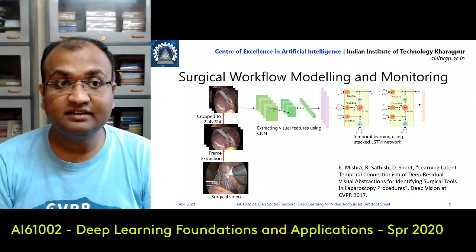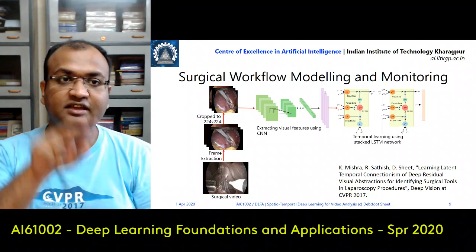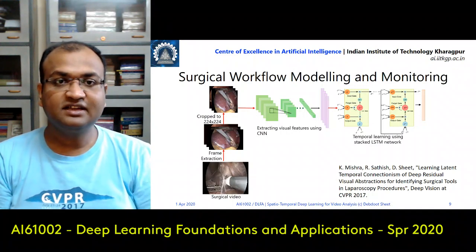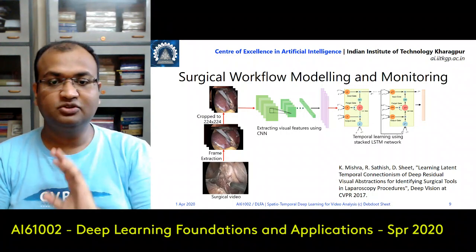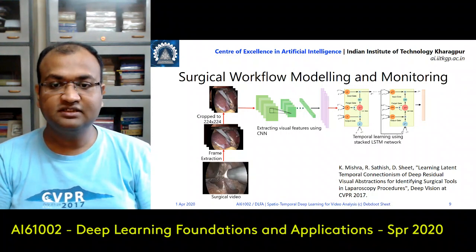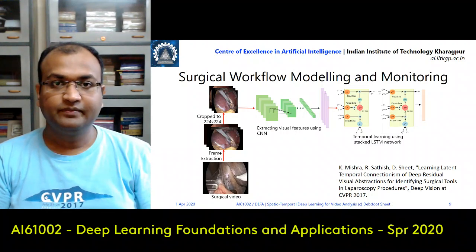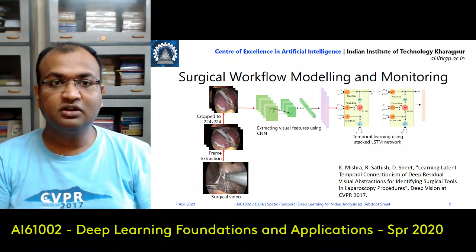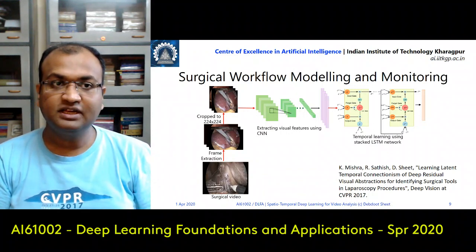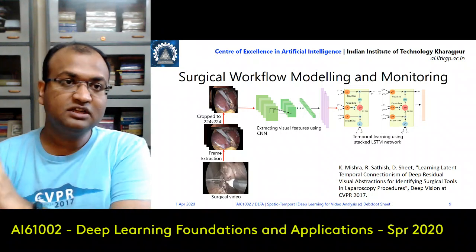Now from there starts the fun. Once this training is done, I remove this final layer which has the classification labels, and now I am left with only my features. I take those features and feed them as input to my LSTM model. This LSTM model is going to take all of those features as input over the whole group of frames.